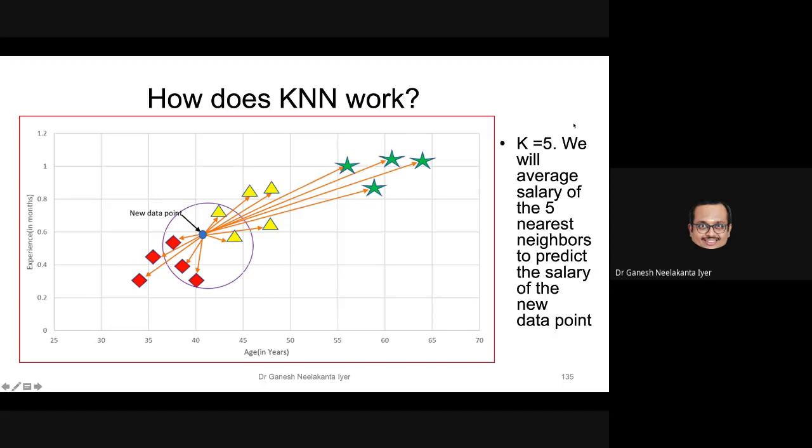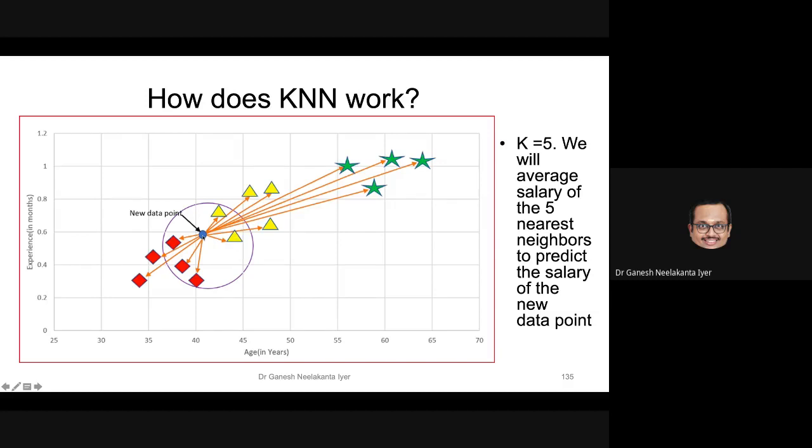And assume my K is 5 in KNN. If K is 5, from this new data point, find out which are the 5 nearest neighbors. So I'm finding 5 nearest neighbors. So 3 red diamonds and 2 yellow triangles came. Now, naturally, 3 is greater than 2.